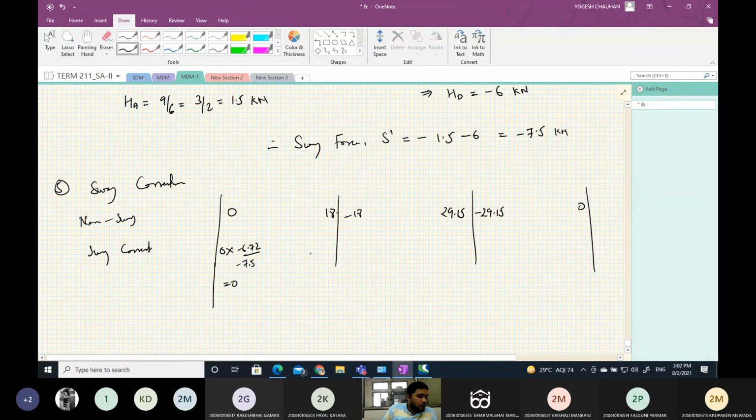Similarly, the sway correction here will be 9 into 6.66 divided by 7.5, which will be around 8. This is around 8, and this will be 16.